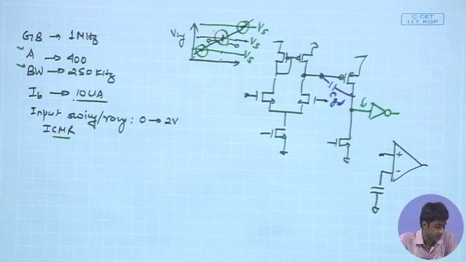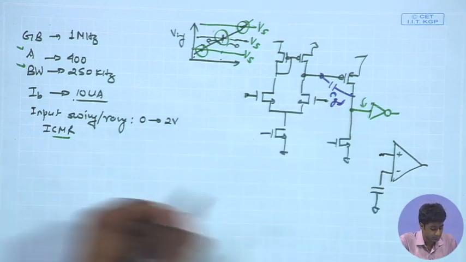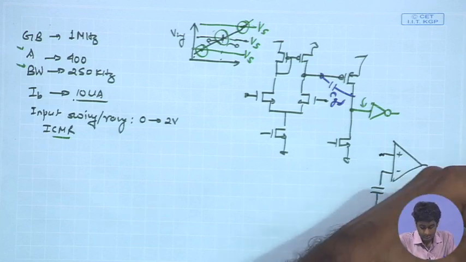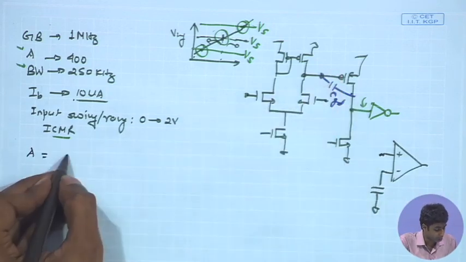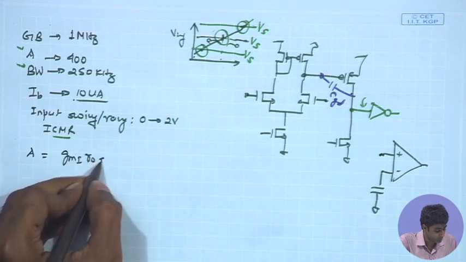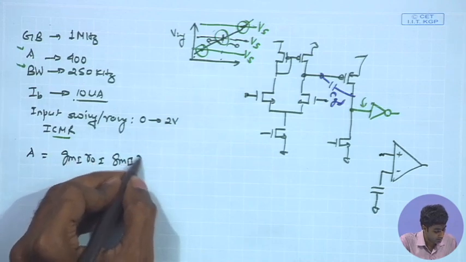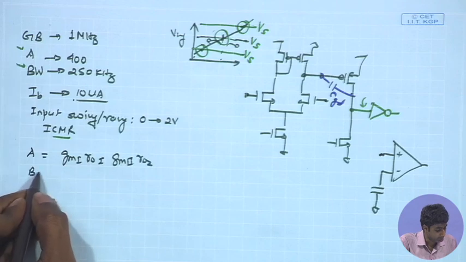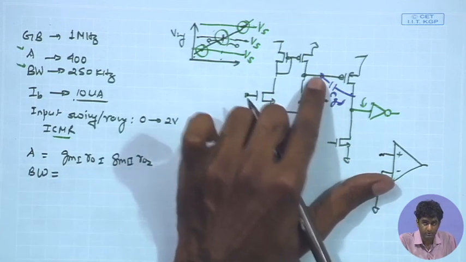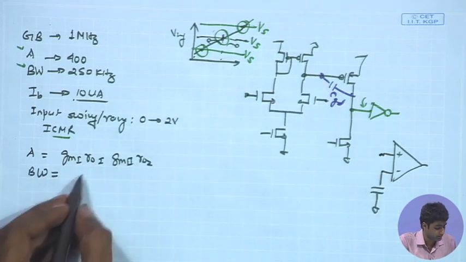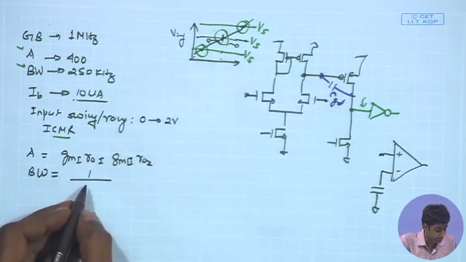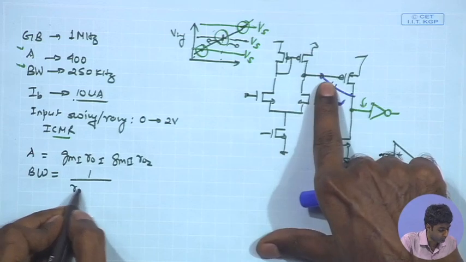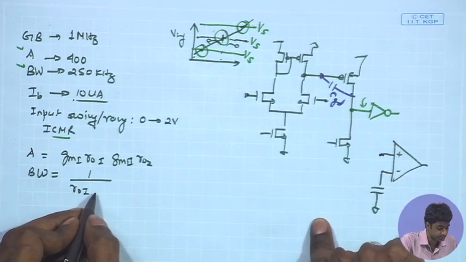So, effectively what I can write is that the overall gain of my comparator is going to depend upon gm1 ro1 and gm2 ro2, and the bandwidth, if I say, is going to depend upon the first node over here. I can write this as 1 upon R equivalent C equivalent at that node, and therefore, we have the ro1 of the first stage and C equivalent.